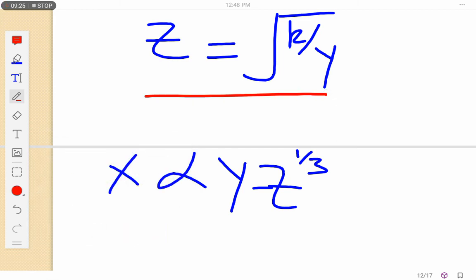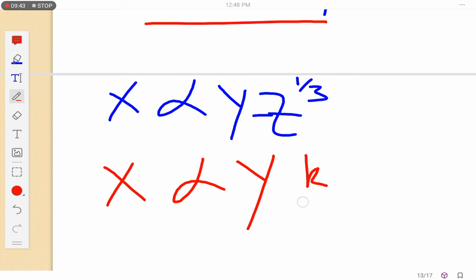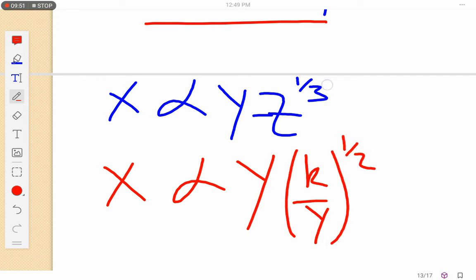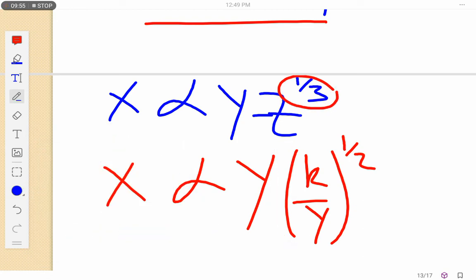Okay, let's substitute. Then I'll have my x varies with y. My z becomes k over y. Remember, square root is to the power of 1/2 there. Then I've got the 1/3 there, in a different color, to the power of a third.